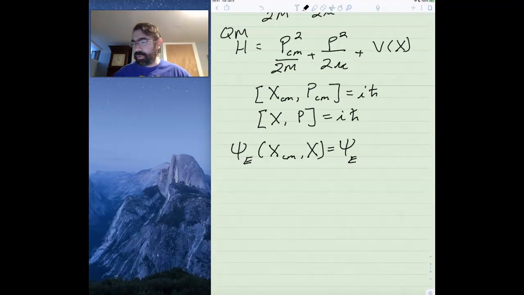We'll get one wave function for the center of mass times the relative position, so E relative, like so. We should be able to plug that into our Hamiltonian and solve the Schrodinger equation.